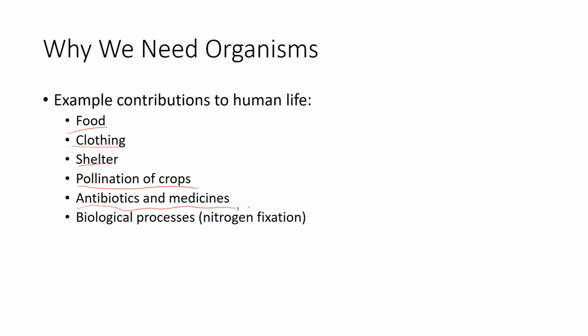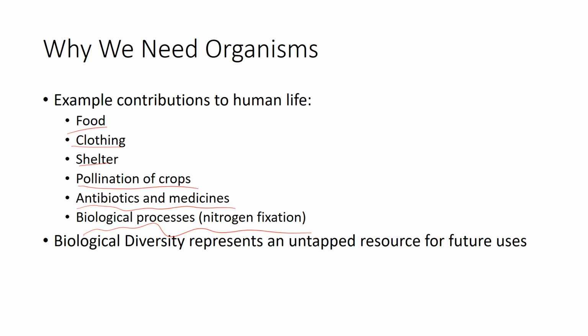We rely on various organisms for antibiotics and various medicines, right? We need certain organisms for things like nitrogen fixation, right? So soil bacteria play a really vital role in maintaining soil quality. And those are maybe some of the more obvious reasons, okay?